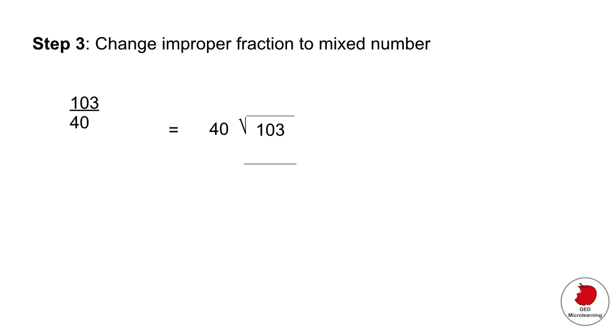So 103 divided by 40. How many times does 40 go into 103? It goes in twice. If you multiply 2 times 40, that gives you 80. If you subtract 103 minus 80, that gives you 23. And that's basically it.